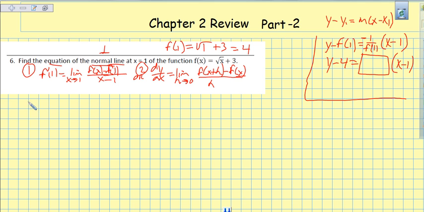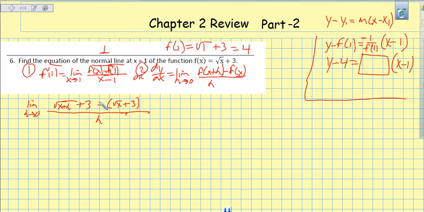So let's try that over here. Limit as h approaches 0 of square root of x plus h plus 3 minus square root of x plus 3, all over h. And let's see if we can simplify.